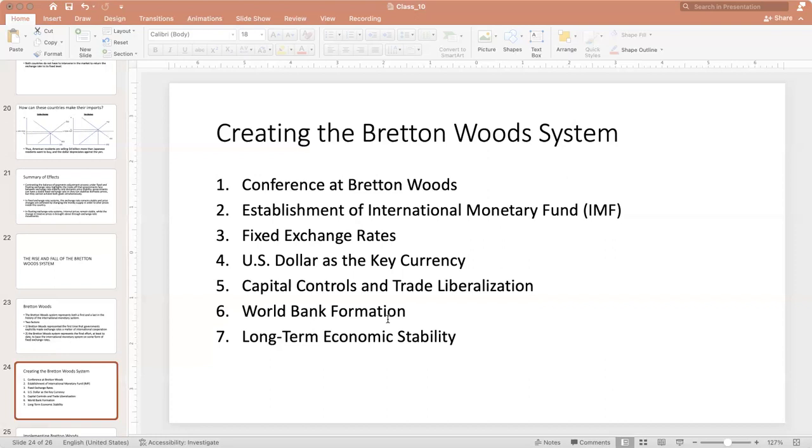This is so important because this is the first time the international system created a monetary authority that could control and guide the monetary policies of countries around the world.